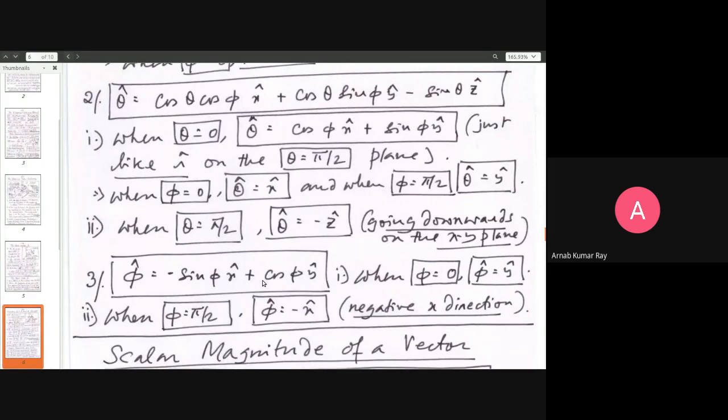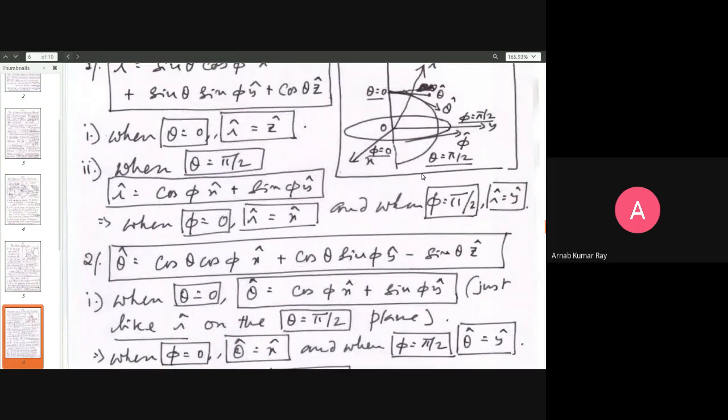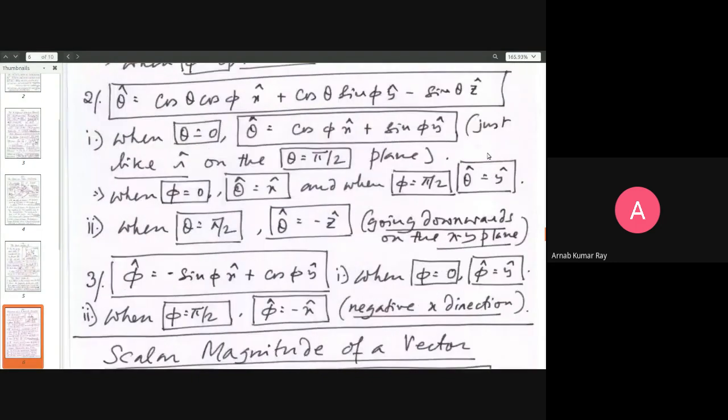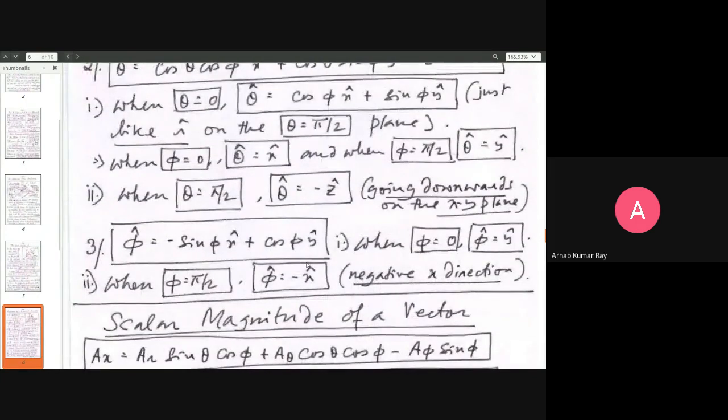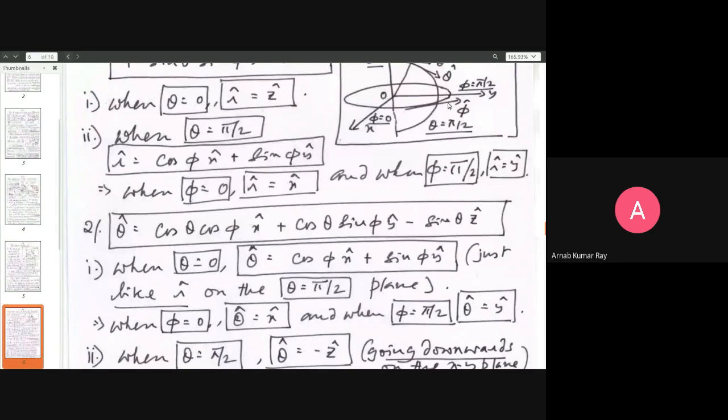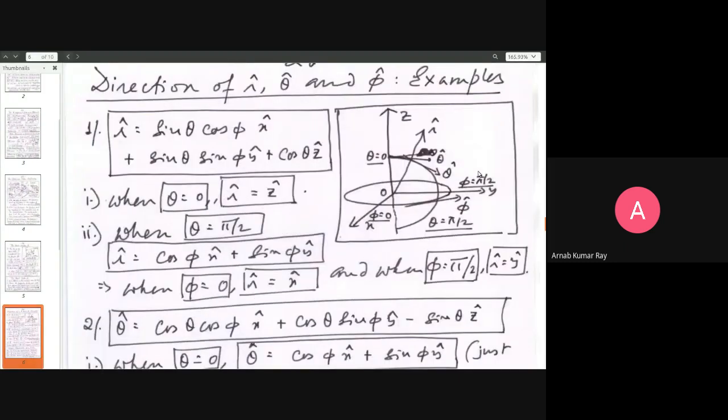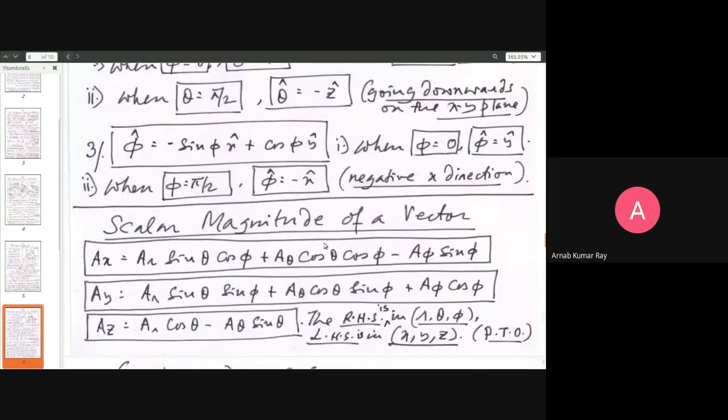When phi is equal to 0, sine phi will vanish, cos phi will be equal to 1. When phi is equal to 0, you're going this way, so you're pointing in the plus y direction. That's what it says. And when phi is equal to pi by 2, you are here pointing into the plane of the paper along the minus x cap direction, negative x direction.